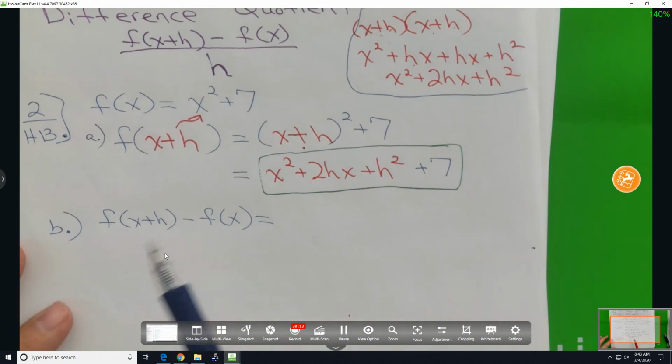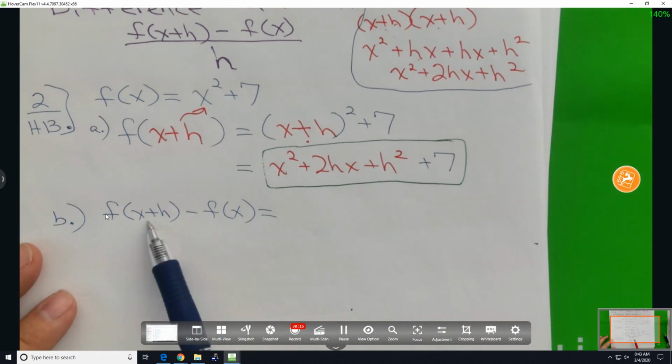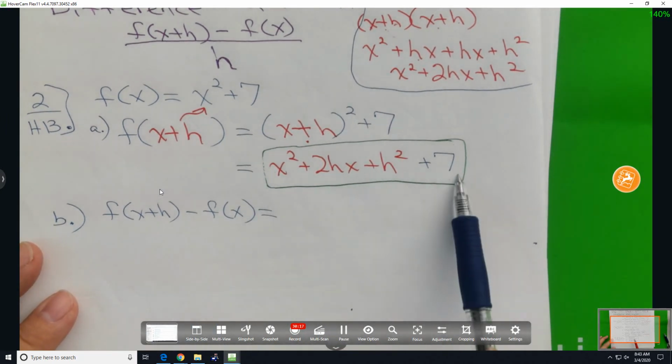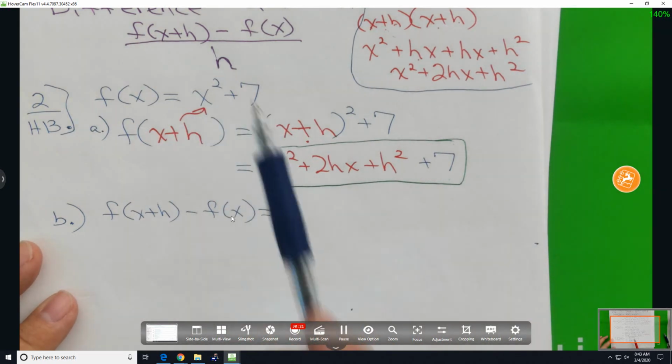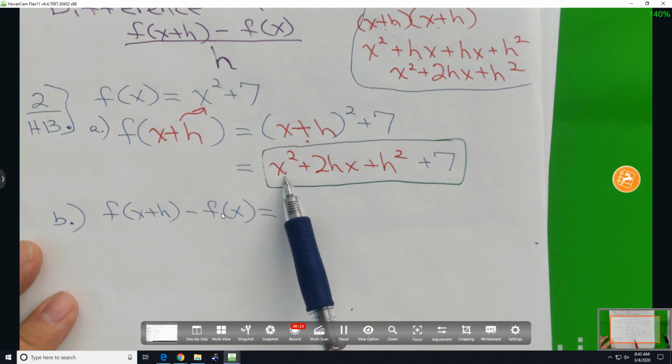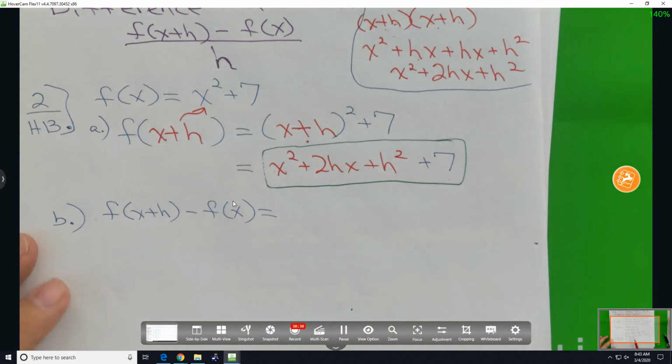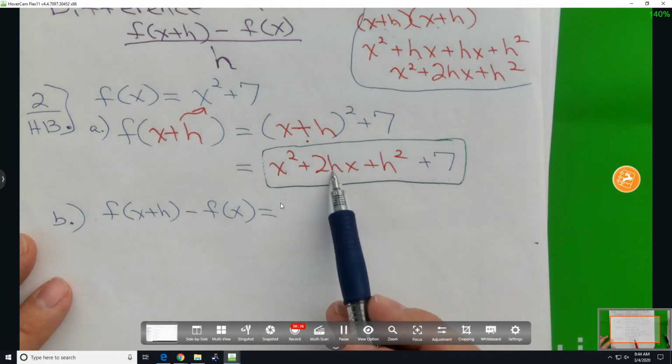This is saying, take what we just found, f of x plus h, and take away the original function. So we have an x squared, take away an x squared. So x squared minus x squared is gone. What else is gone? The 7. Here's a hint for part B. The only terms remaining must contain the letter h.